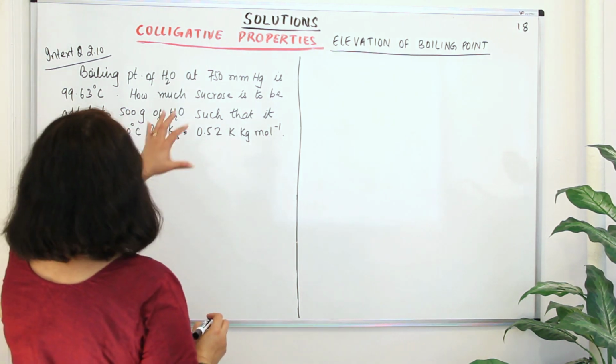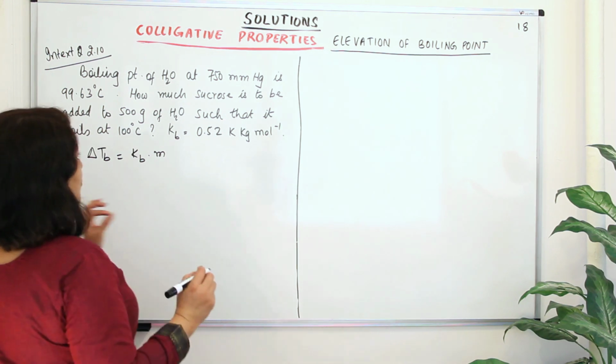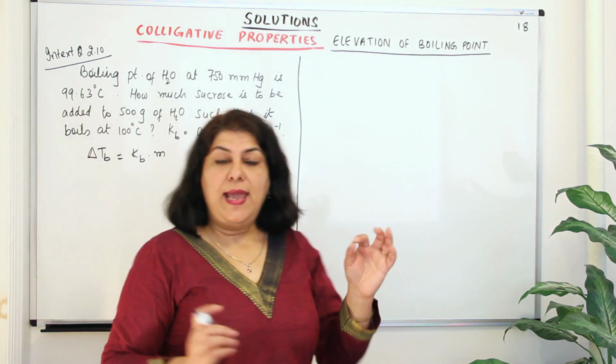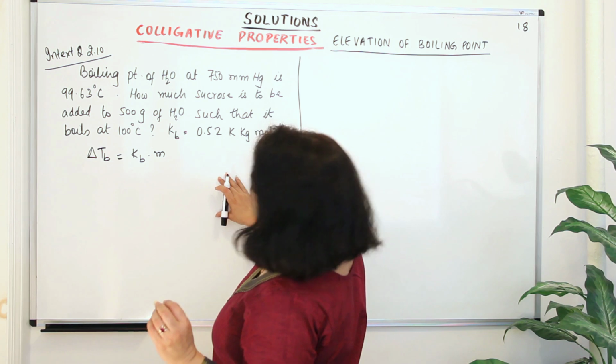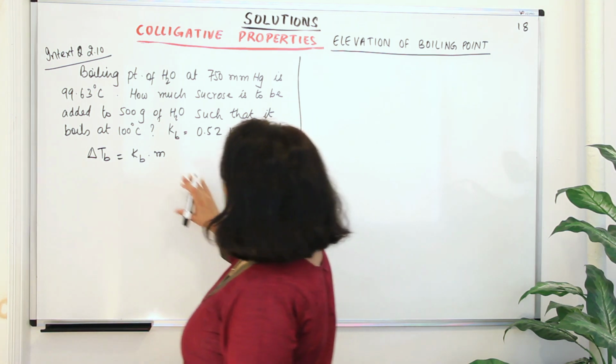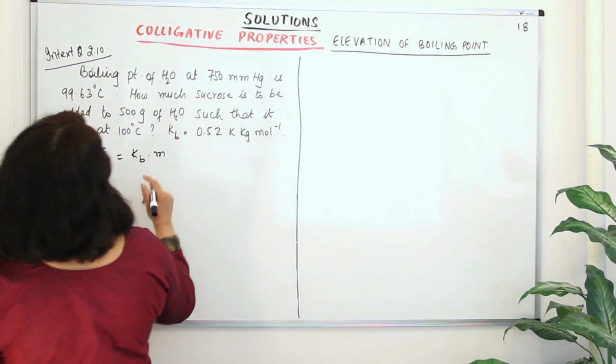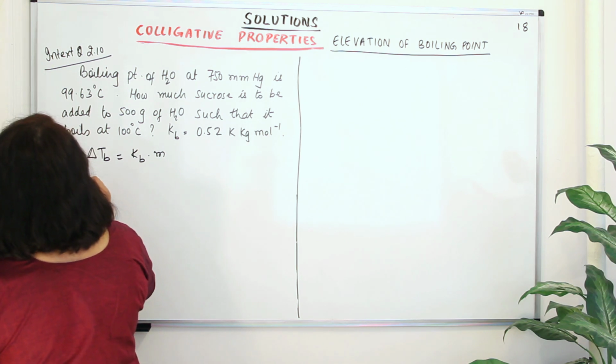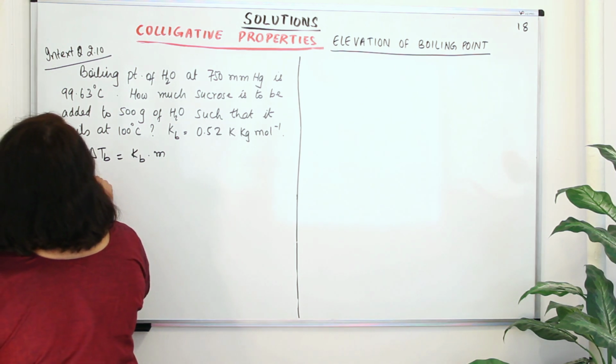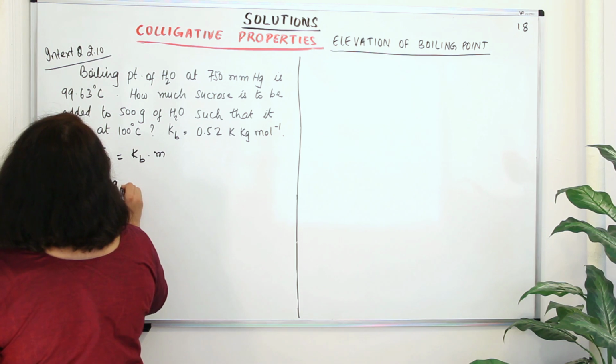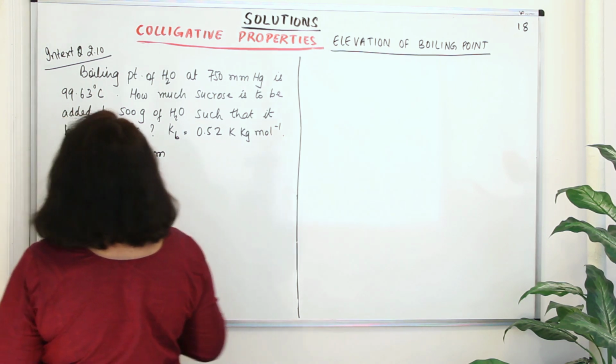So let us first see what was given to us. The solvent is water, so that is 1, and solute, that is sucrose, that is component 2. So the boiling point of water at 750 millimeter mercury, that is Tb0, is equal to 99.63 degrees Celsius.